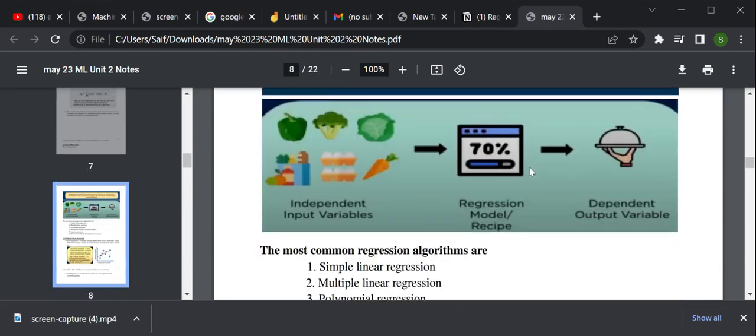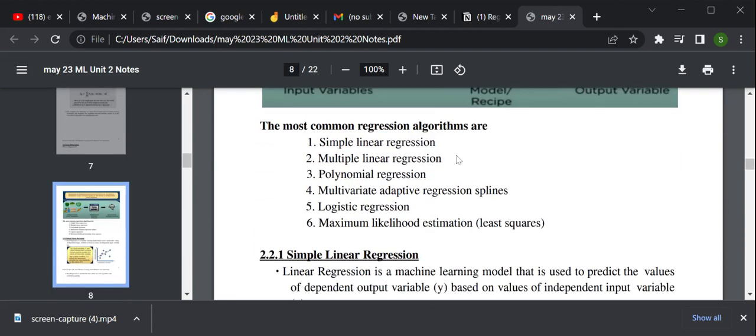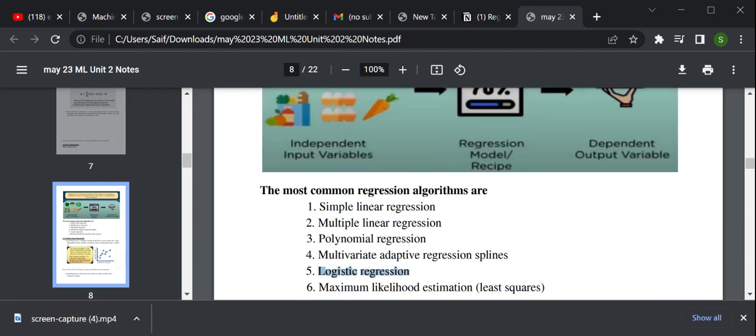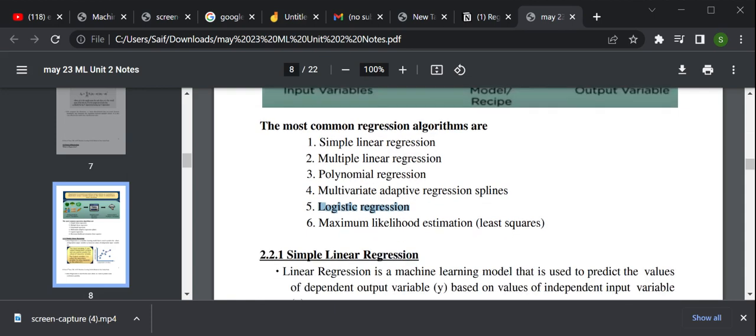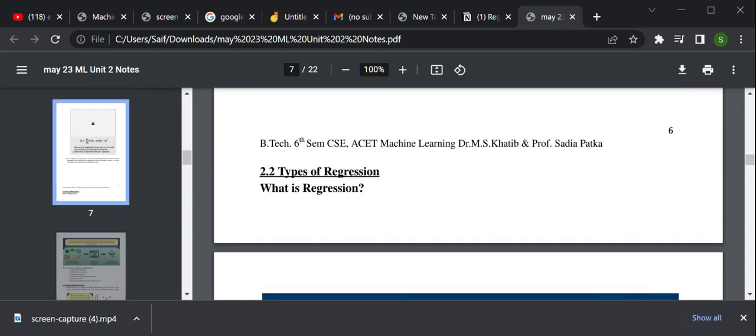In unit number 2, there are two types of regression that we are going to mainly study. The first one is multiple linear regression, and the second is polynomial linear regression. And in unit number 3, we have a topic logistic regression. So the first thing we are going to discuss is what is regression.